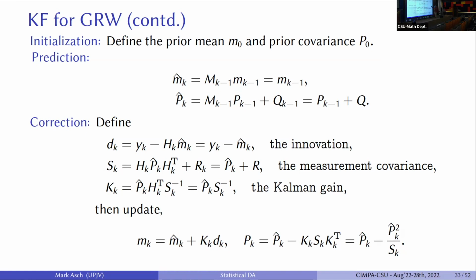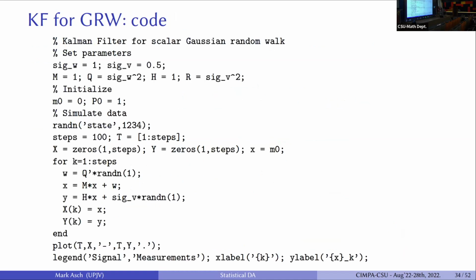You remember d is y minus H m, and I also update my covariance matrix. Because S is just a scalar, I just have P squared divided by S, and that's my update. So there I have the complete Kalman filter defined, and I can write it up.